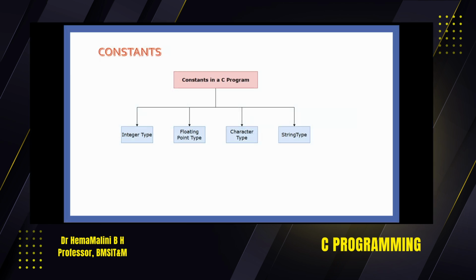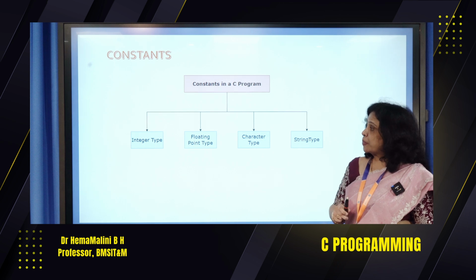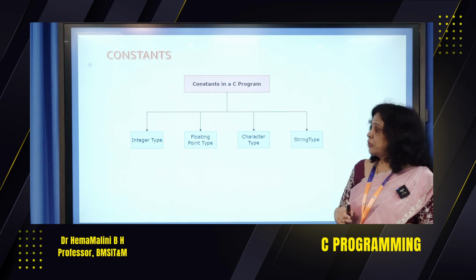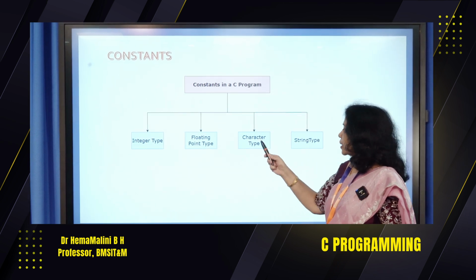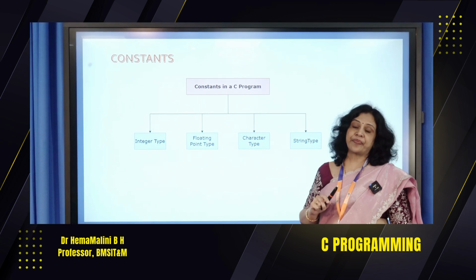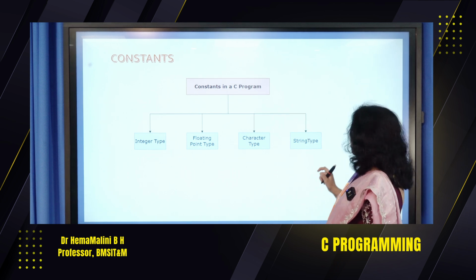Now let's see what constants are. Constants in a C program are divided into 4 types: integer, floating point, character, and string. So let's see each one of them one by one.